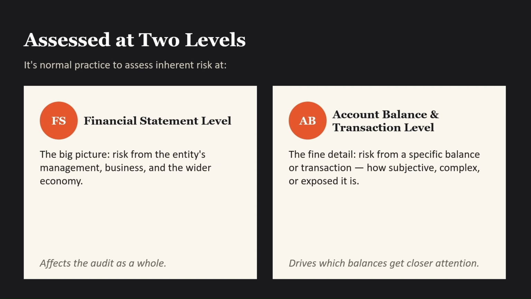Risk at this level affects the audit as a whole. The second is the account balance and transaction level. This is the fine detail. It's about how subjective, complex, or exposed a specific balance or transaction is. Risk assessed at this level is what drives which balances receive closer audit attention.